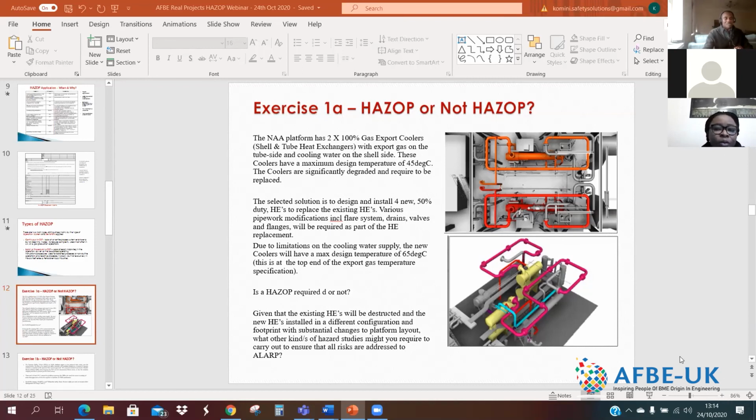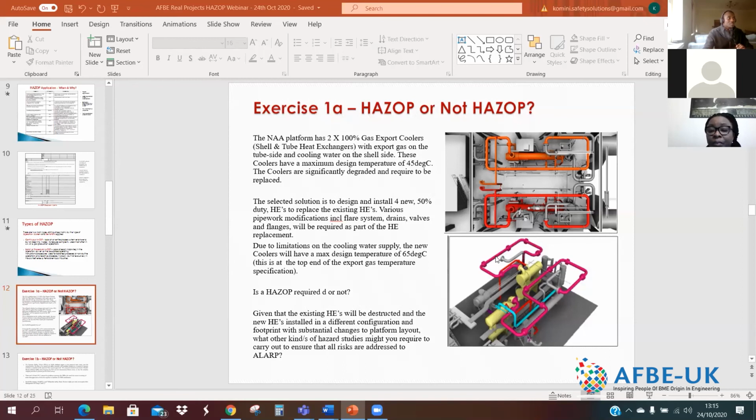If you can tell us why you said it requires a HAZOP as there is going to be changes in flow rate and also temperature. We're not getting any response from him. I have unmuted him.